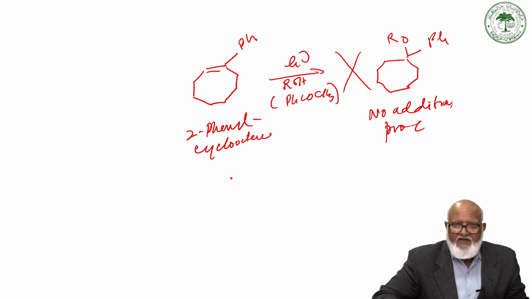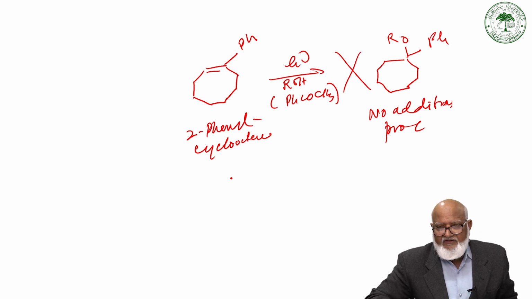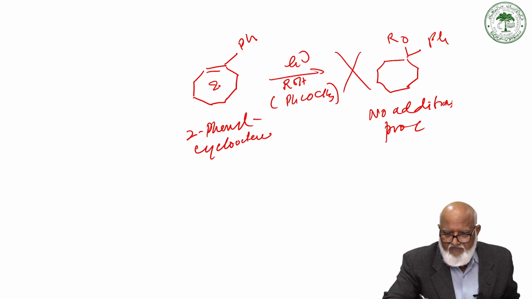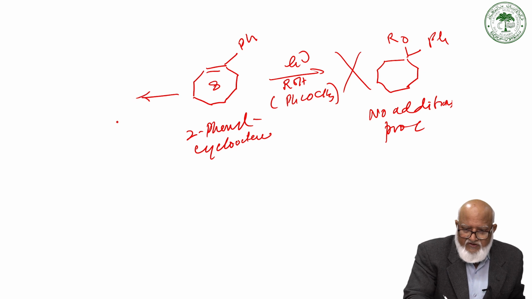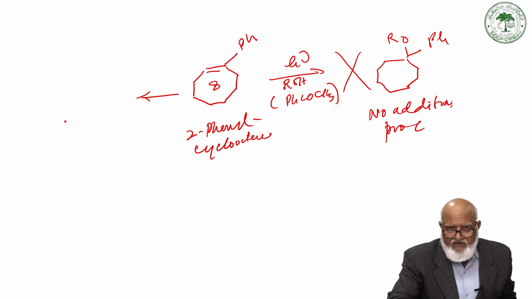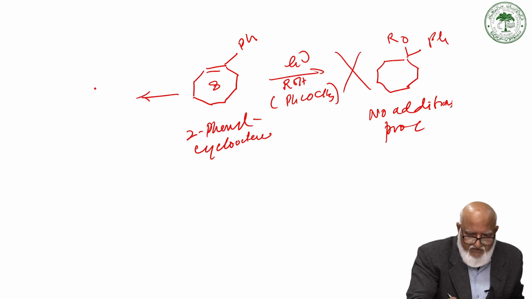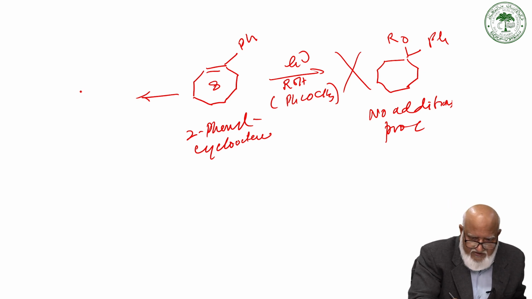On the other hand, the cyclooctene ring size is large enough, an 8-membered ring, to undergo distortion, and it undergoes cis-trans isomerization across the double bond because you can twist to orient it in the trans.